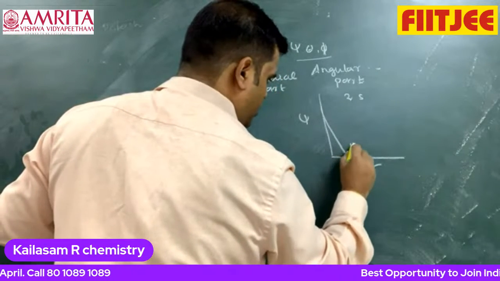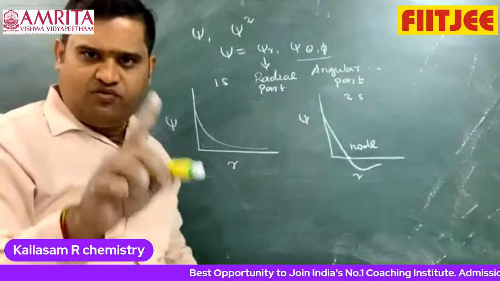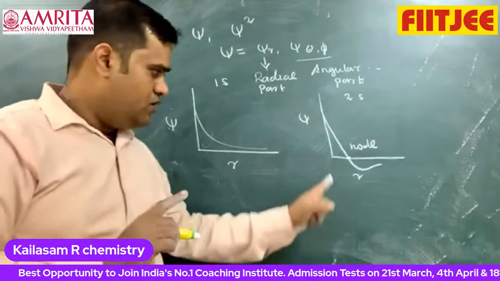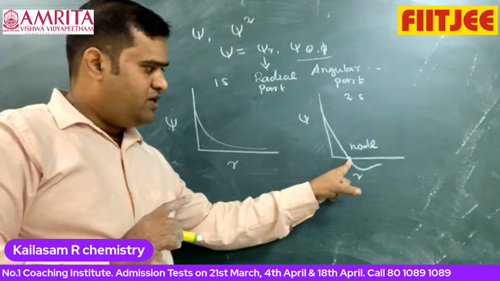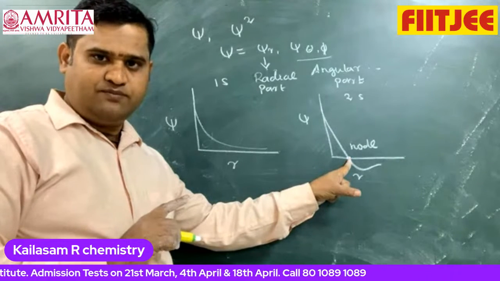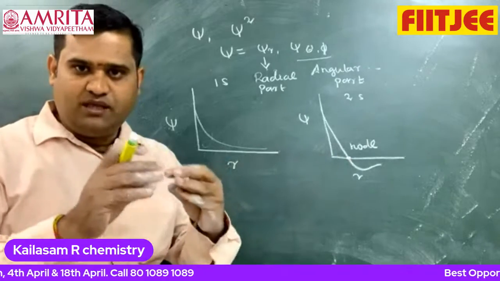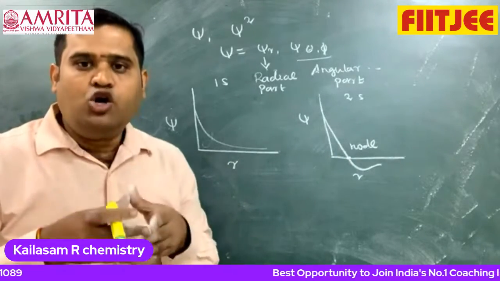What is this called? Node. So what is a node? Node means the point where the probability of finding electron density is 0. Because as r increases, the value keeps on decreasing. At a particular distance r, psi becomes 0. That means the place where the probability of finding electron density is 0 is called a node.